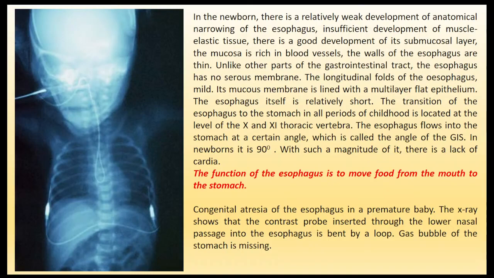You can see on the X-ray congenital atresia of the esophagus in a premature baby. The X-ray shows that the contrast probe, inserted through the lower nasal passage into the esophagus, is bent in a loop.